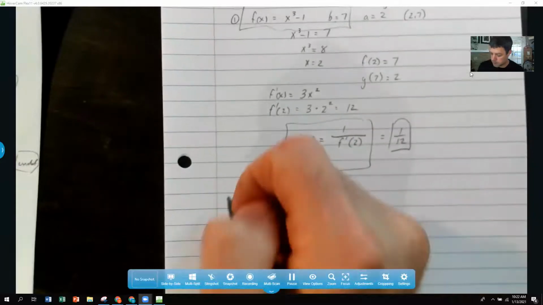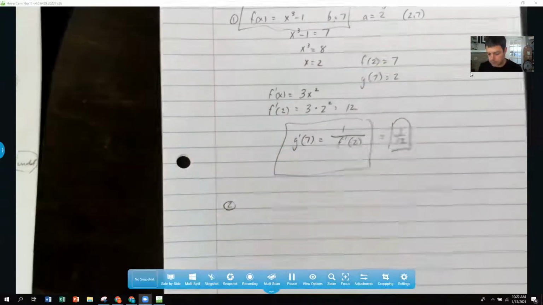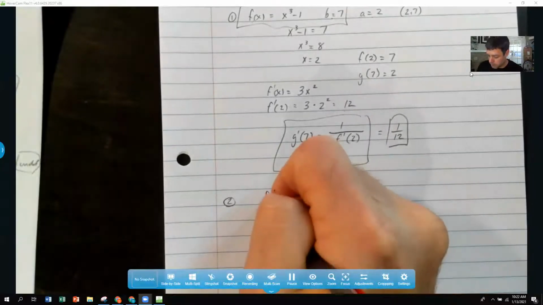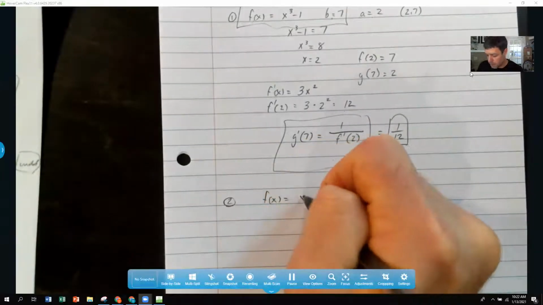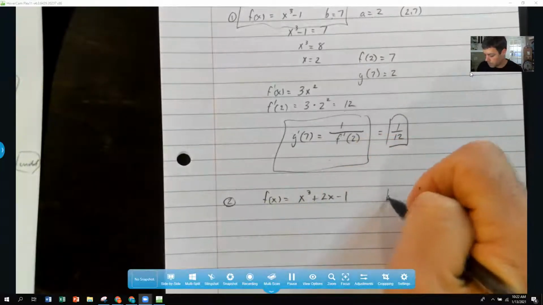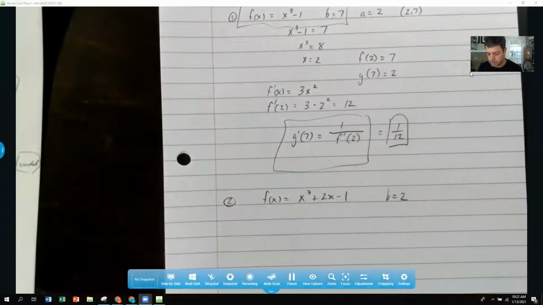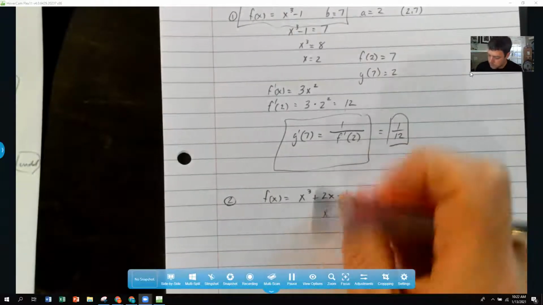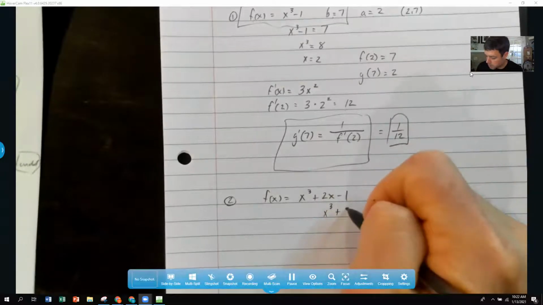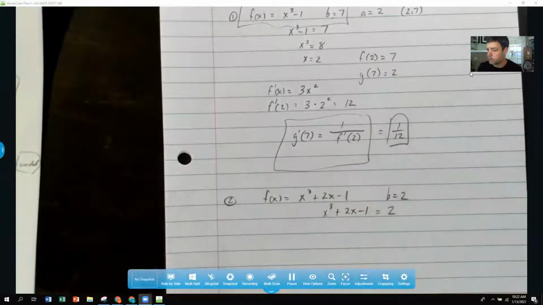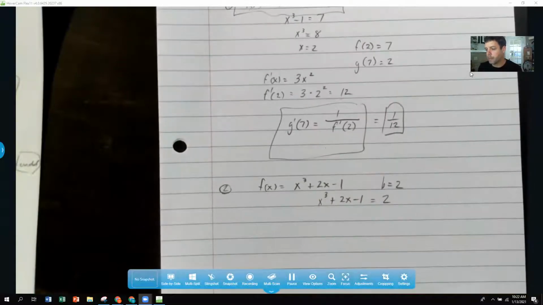All right, number 2. I'm not going to do 3 and 4, but I'm going to start you on number 2. So we are starting off with f of x equals x cubed plus 2x minus 1, and we're saying b equals 2. So we're going to start by finding a. x cubed plus 2x minus 1, set it equal to b, and solve.